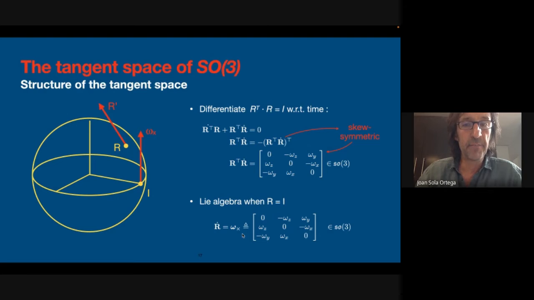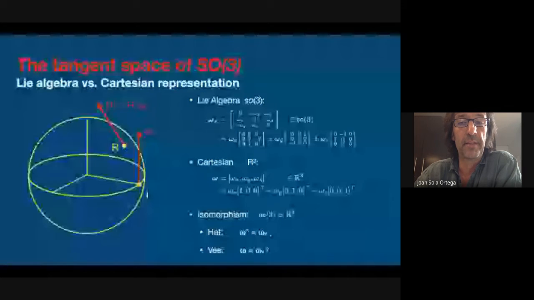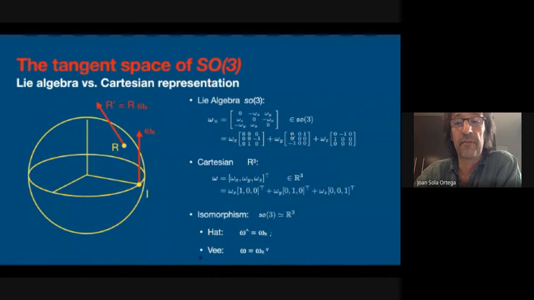Let's dig a little bit more into this example. So we have skew-symmetric matrices. This is the form of the elements of the Lie algebra, and we write them as a linear combination of 3 base matrices: ωx, ωy, ωz. You can find them up here, and they are multiplied by 3 constants, which is the base of this.